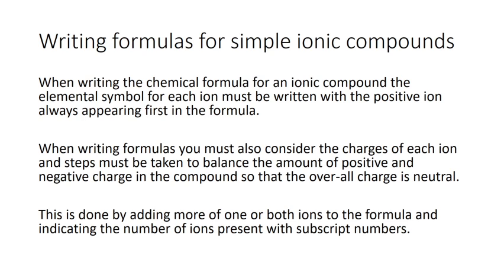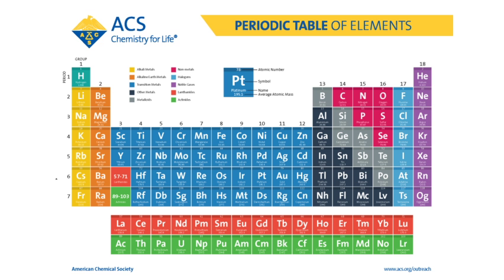Basically you're going to do this by adding one or more of the ions, possibly both of them, maybe just one of them, and indicating the number of ions present with a subscript number.